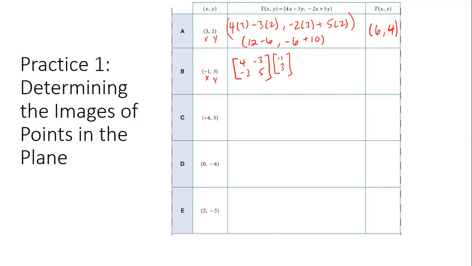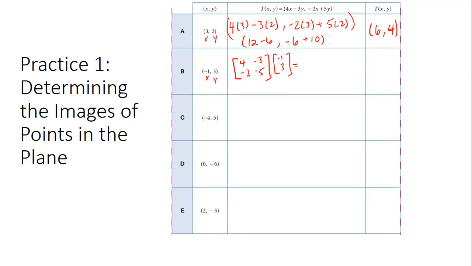Does that make sense? We're still going to be doing the same thing. For x, you're plugging in negative 1, and for y, you're plugging in 3.